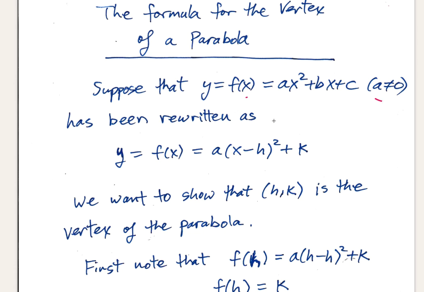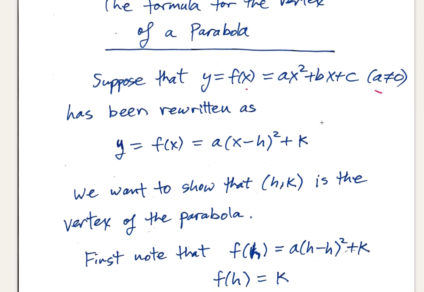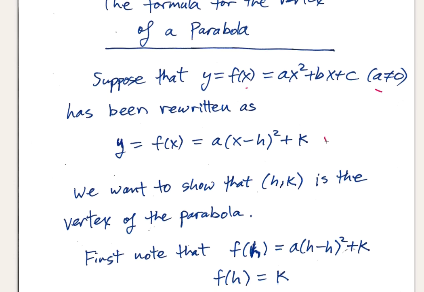And now you remember that we could use the completing the square method to always rewrite such a quadratic function this way: y equals f of x. It's still f of x, just rewritten differently: a times (x minus h) squared plus k. That's what we were doing in the previous video. We saw that we could always do that using that trick of completing the square.